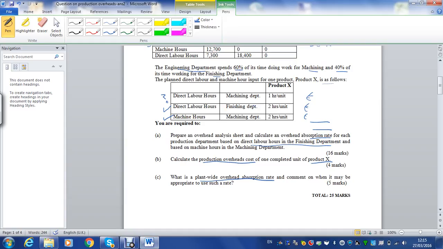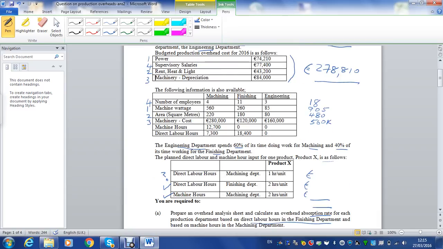It's kind of confusing, but we might as well work it out, because it's on labor hours on the machine department, and we do have that. It's 7,300, and here it is here, because we've already used this one and we've already used this one, so we just have to follow the question.